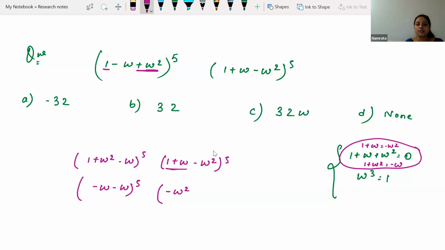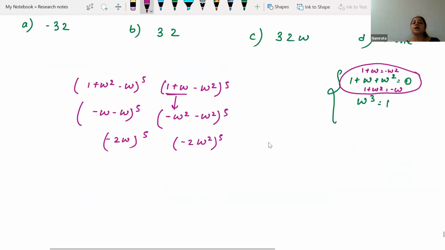Can we write minus omega square? Yes, ma'am. (Minus omega square) to the power 5. Now (minus omega) to the power 5, and here (minus omega square) to the power 5. Let's distribute the power by using the property of exponent. So minus 1 will take power 5 and omega will take power 5.